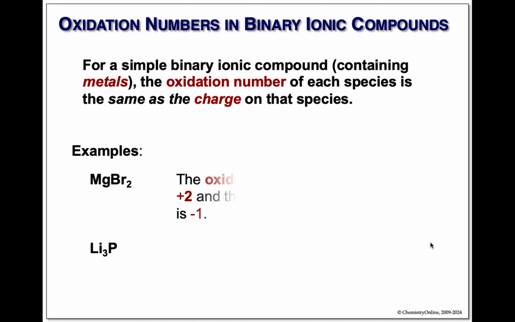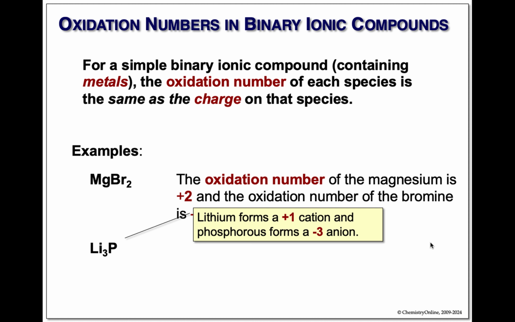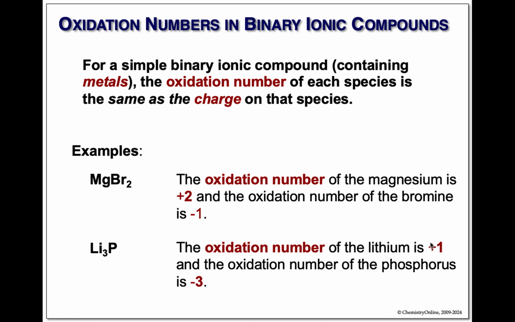Oxidation numbers, +2, -1. Here we have lithium phosphide, +1, -3. Oxidation numbers are the same, +1, -3. So if it's got a metal in it, you're set. Just do the charge on both species.